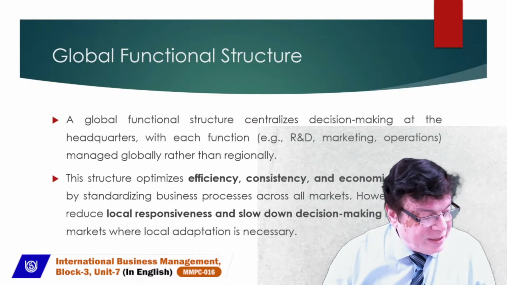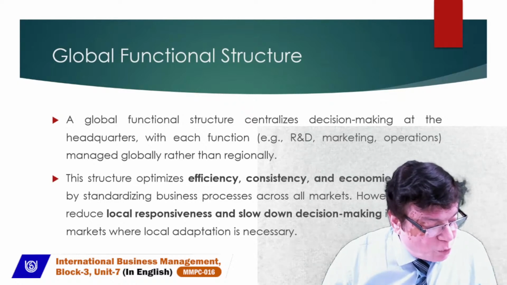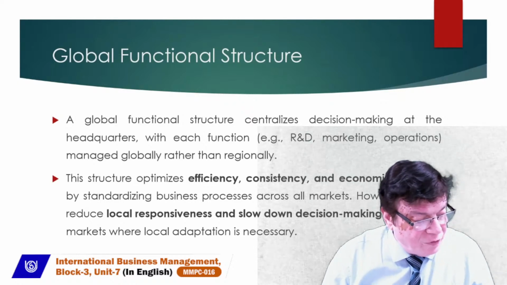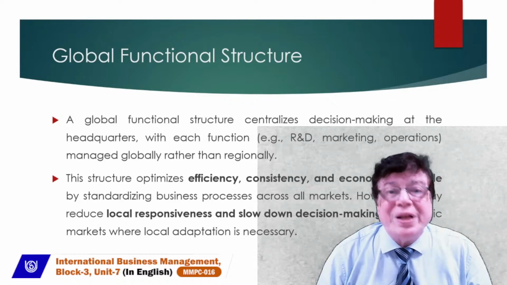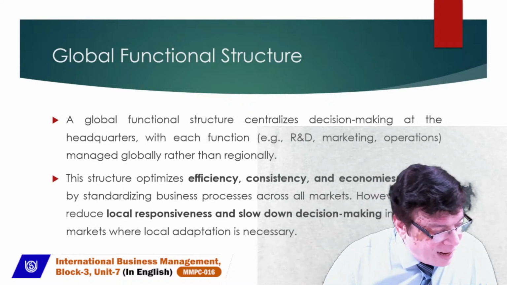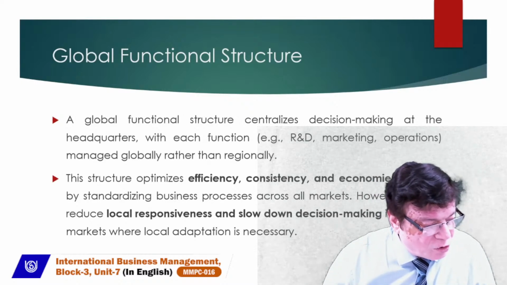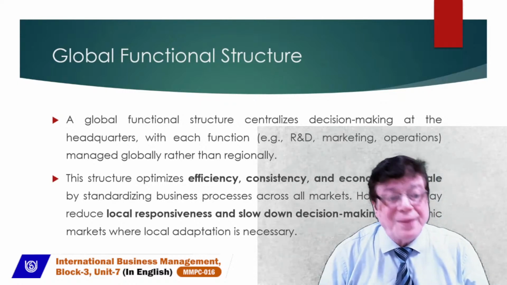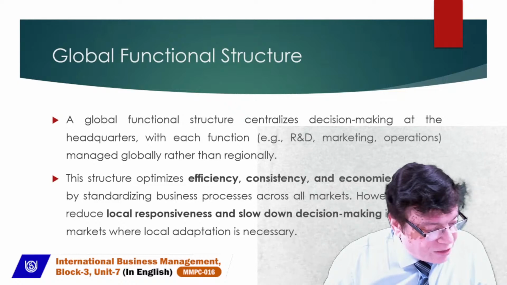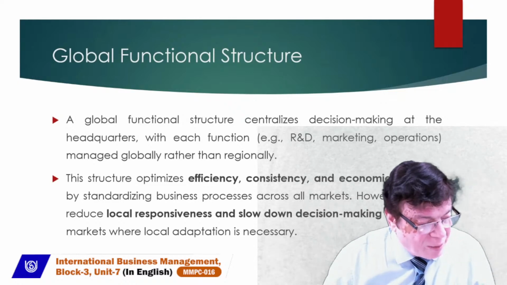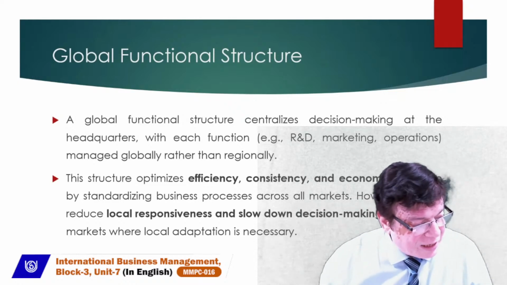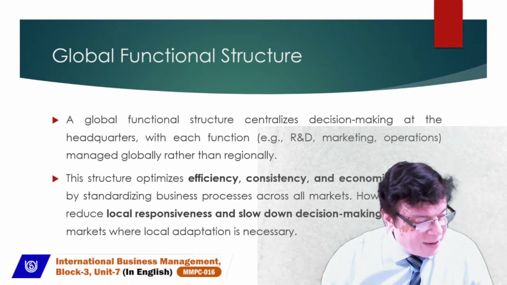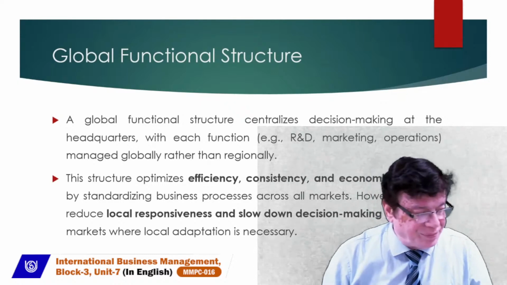Next point, it allows firms to balance global integration with local responsiveness, enhancing coordination across different business functions. Next point is, however, challenges include increased complexity, potential conflicts, and higher administrative costs.